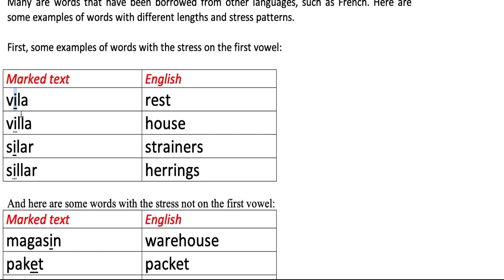This is long, it has a dash underline. And this is villa, villa, which means house. So that is a short vowel here. Then sealer, and that becomes sealer. And this is sealer.